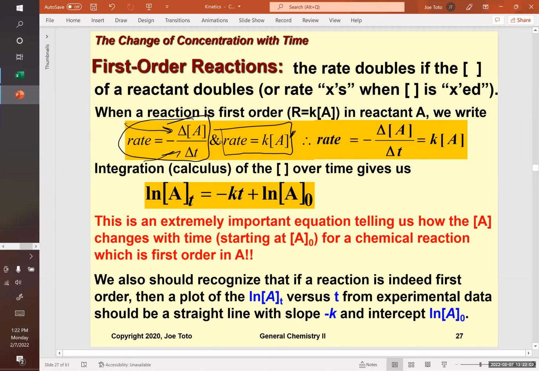And so once I make this equation like I have over here, I equate these two. I can group like terms. So I would group the delta concentration with concentration, so I have to bring that over to this side, and I have to bring the time over to this side. So the equation looks something like this.